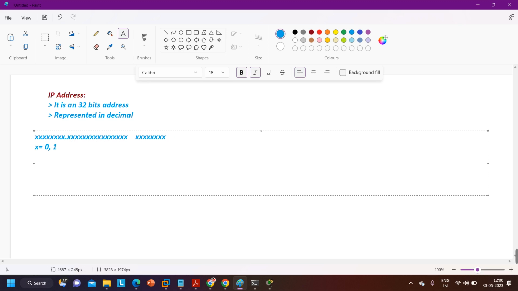So how many bits does each field carry? 8 bits. Yes. So let's say I am writing one IP address in binary.